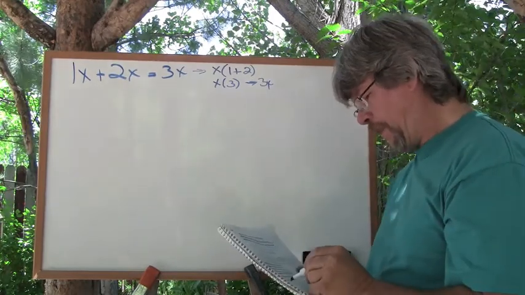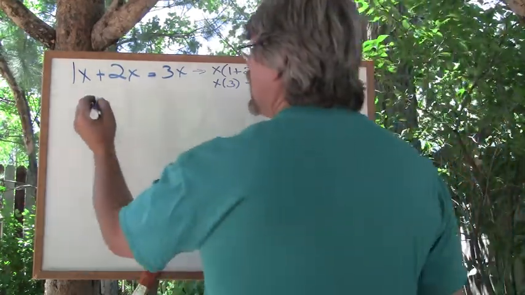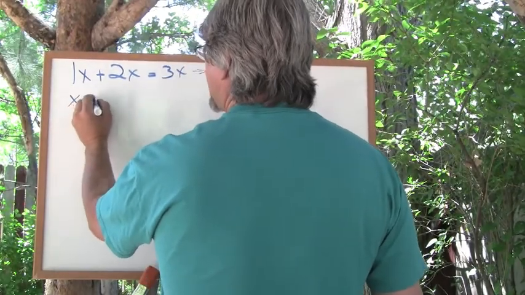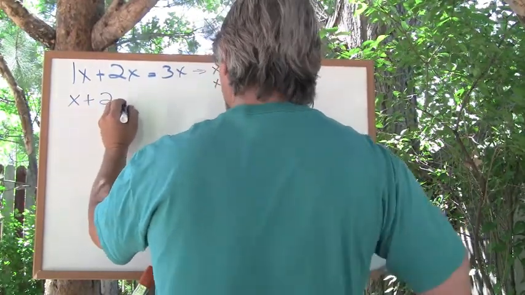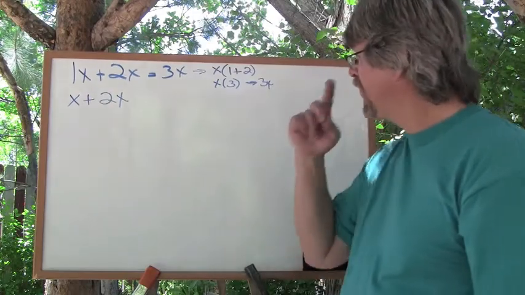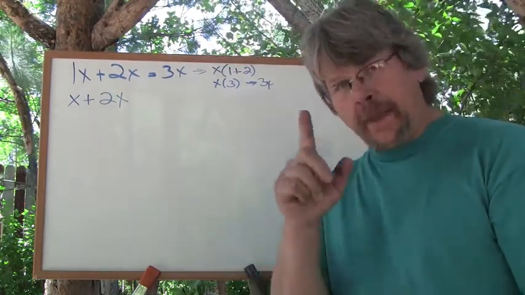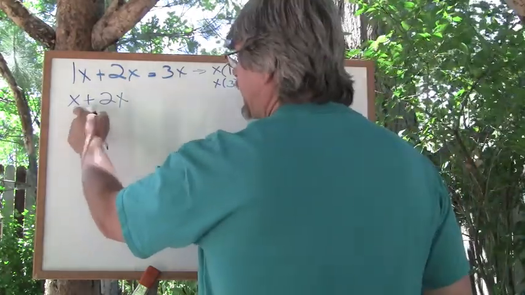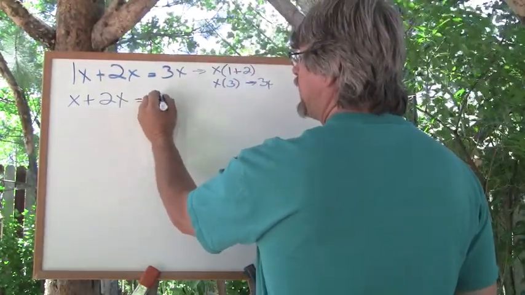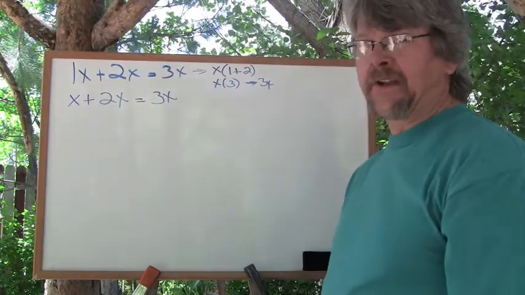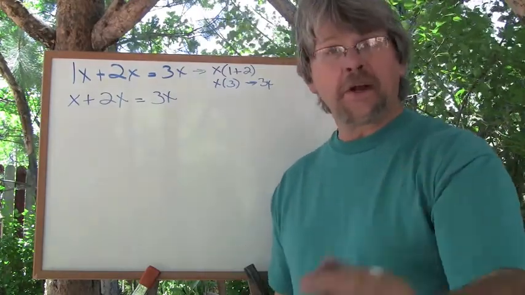That's cool. Okay, let's say we have x plus 2x. And you say, didn't we just do that one? Yes, we did. What I want to show you here is x plus 2x is 3x. And you say, dude, you just showed me that, with one difference.